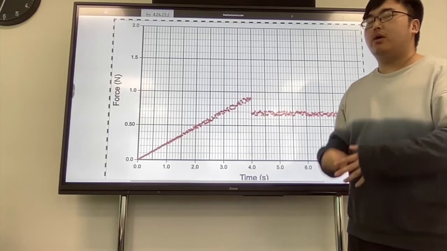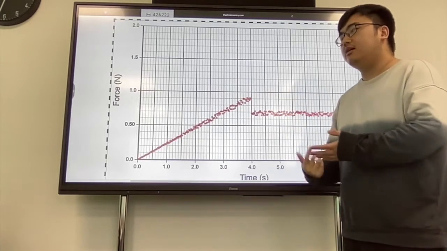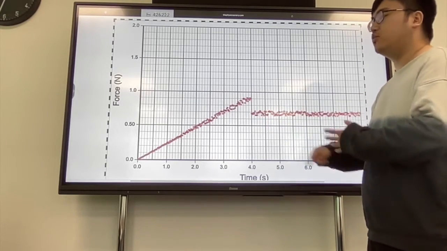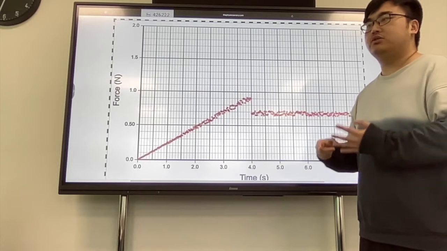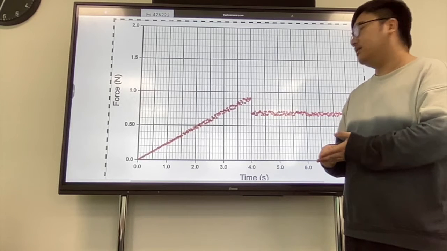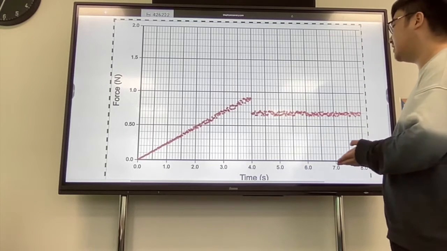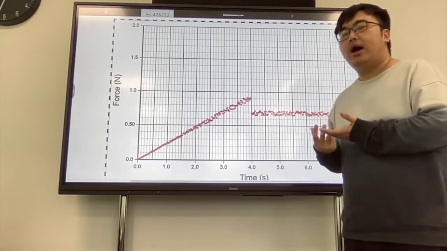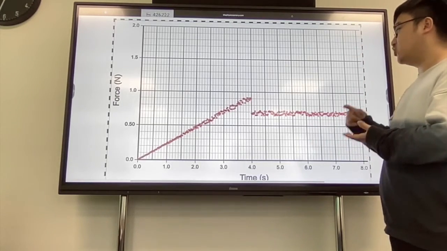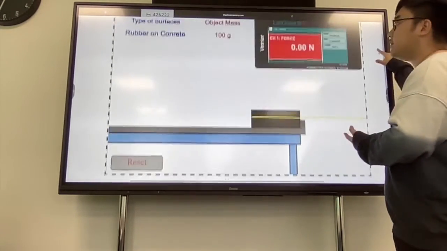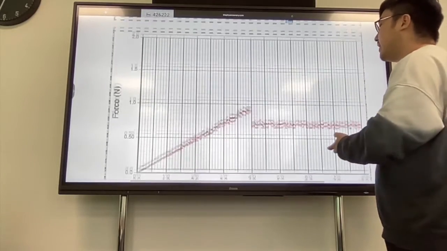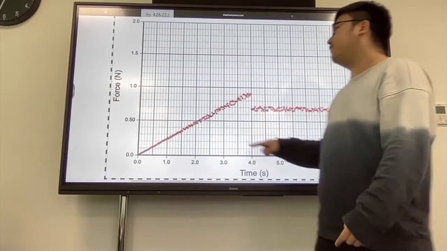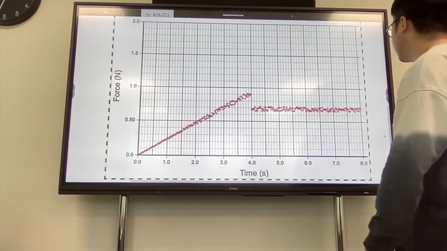And then if we want this rubber to keep the same speed, we need to make the force equal to the kinetic friction, and then we can get this. We can see that with 100 grams of rubber on the concrete, the force is bigger than 0.5 and smaller than 1/4.